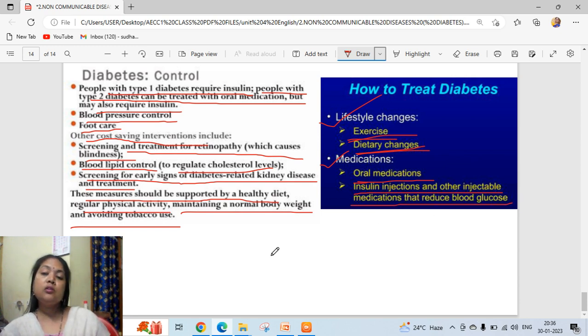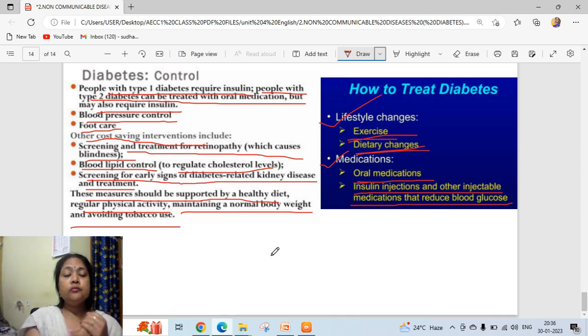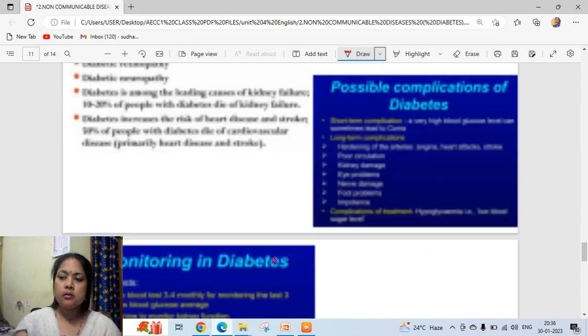Okay. So these were all regarding diabetes. It is one type of non-communicable disease.